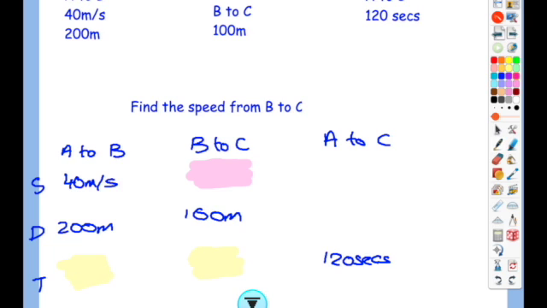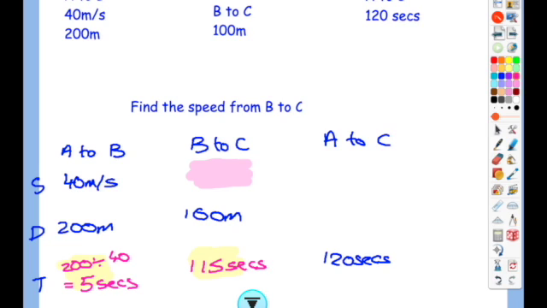So, find the time A to B. I'm going to do distance divided by speed. So we'll do 200 divided by 40. So my time there is 5 seconds. I can find my time for B to C. I do 120 minus my 5 to give me 115 seconds.